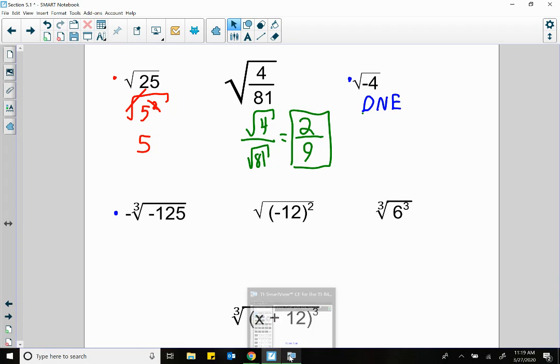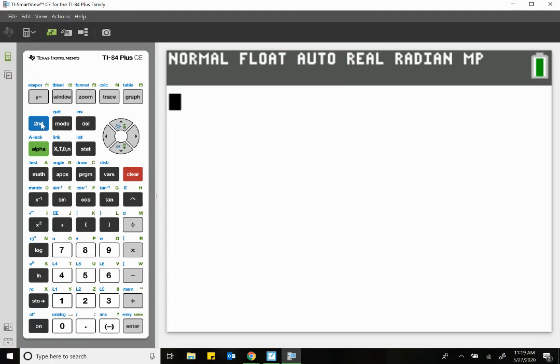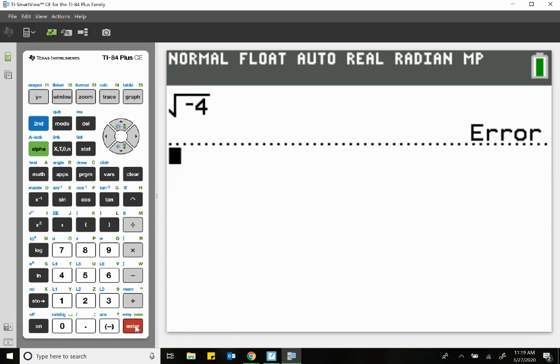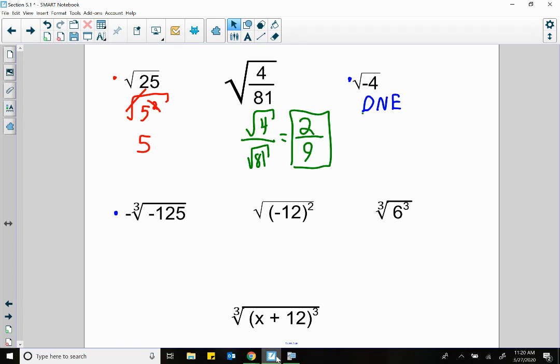And again, you can actually verify this with your calculator, hitting second x squared, put in -4, and the calculator says error, non-real answer. We'll talk more about this when we hit 5.6 and what that really means. Okay? So negative numbers under even roots do not exist for us.